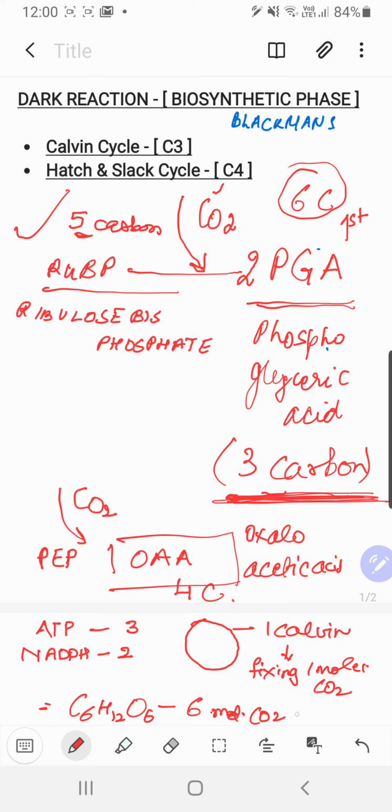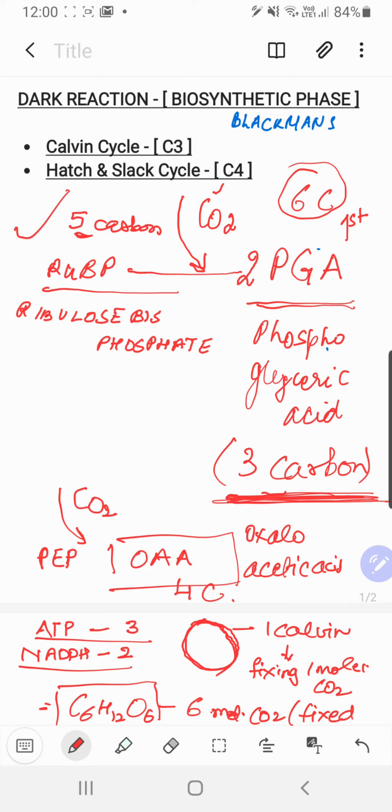So for making a glucose molecule, this Calvin cycle should be repeated 6 times, and each time 3 ATP and 2 NADPH. So for making one glucose molecule you multiply them by 6, so 18 ATPs and 12 NADPHs are used in making one molecule of glucose, right.